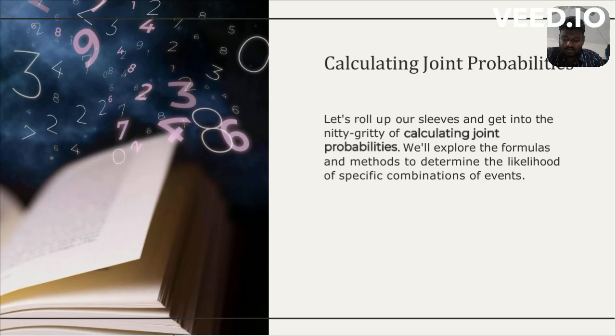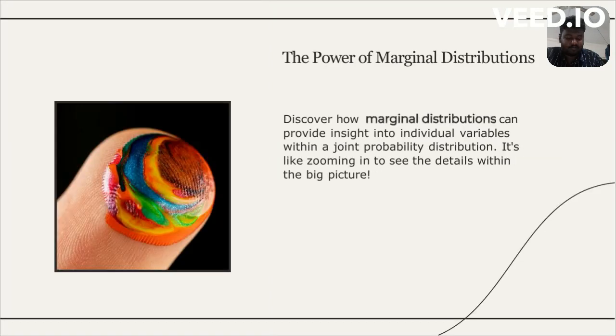Instead of events labeled A and B, that is nothing but A union B. For example, P of A union B, that is f of x comma y, is equal to P of X equal to x and Y equal to y.